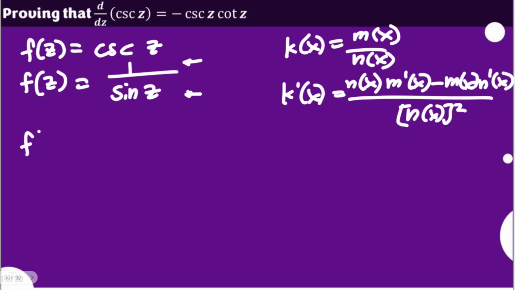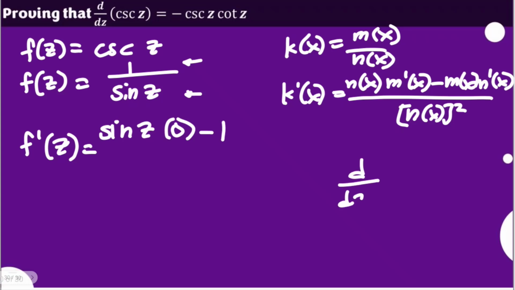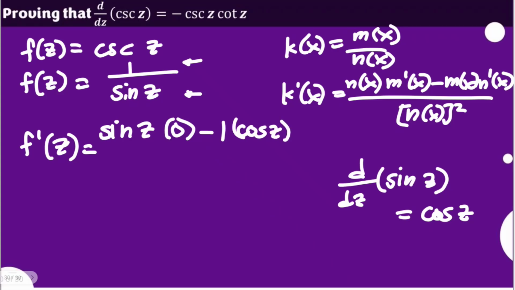So its first derivative is this, the denominator times the derivative of 1, your numerator, which is 0, minus your numerator 1, and then what is the derivative of sine z? This is already proven to be cosine of z. So times cosine of z all over the square of your sine z.